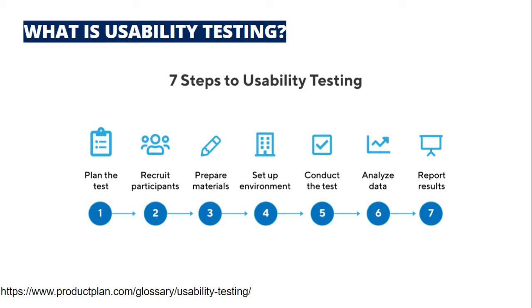So these are the steps between now and the end of the semester. This is what we are going to go through as teams when it comes to usability testing. Now, these steps are similar to any research. You're doing this with Yvonne for interviews. If you were to do a focus group, you would do something very similar.